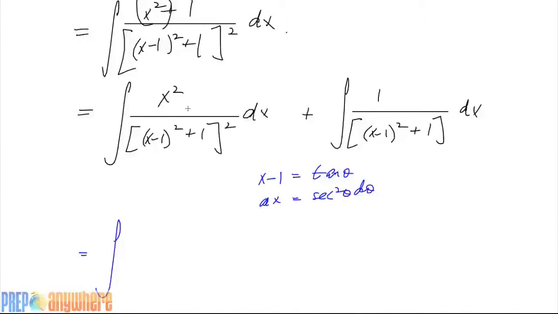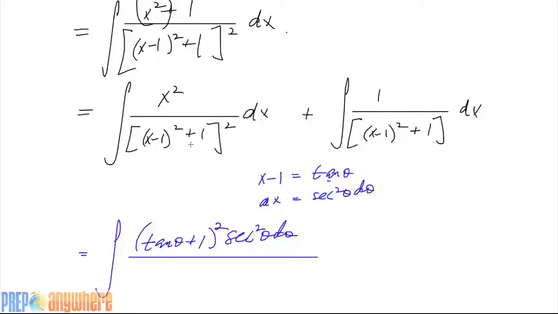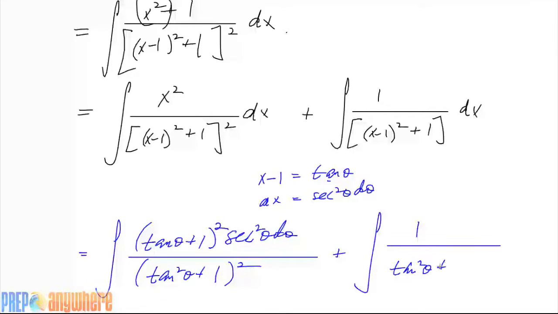So x squared is going to be tangent theta plus 1 squared, dx is going to be secant squared theta d theta, and the bottom is going to be tangent squared theta plus 1 squared, plus 1 over the bottom, which is also tangent squared theta plus 1 squared.